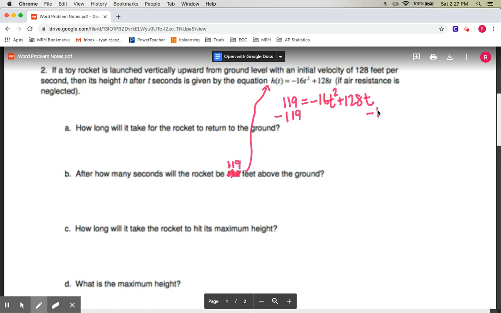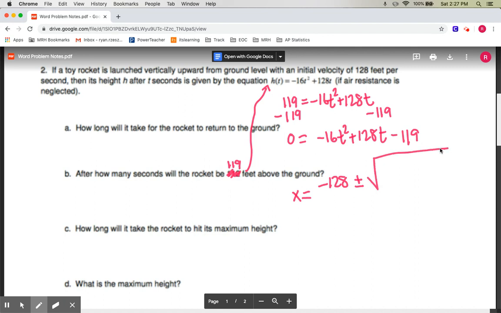So in a word problem, when your numbers are uglier, believe it or not, this actually isn't going to be bad at all. What I'm going to do is take my equation right here, and I'm going to throw it into the quadratic formula. So when I do that, it's going to say x equals negative b, that'd be negative 128, plus or minus.